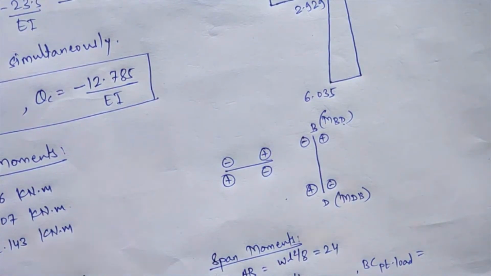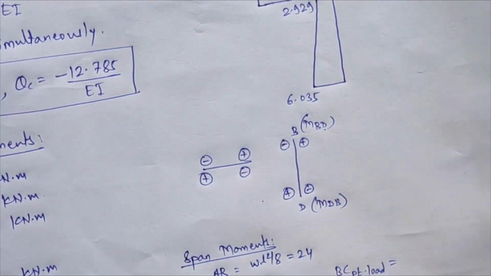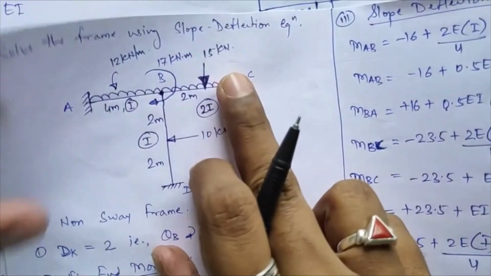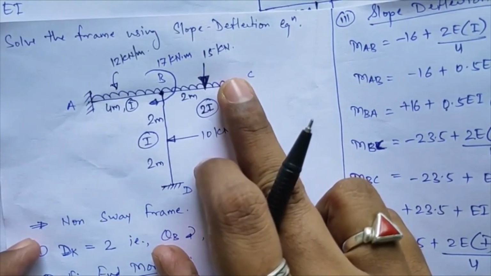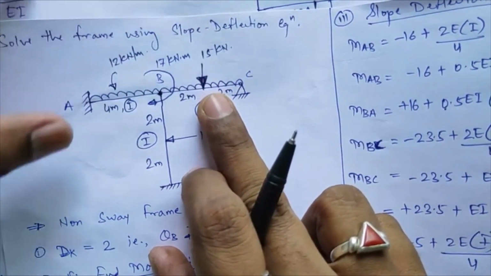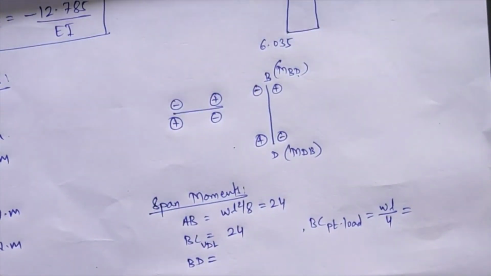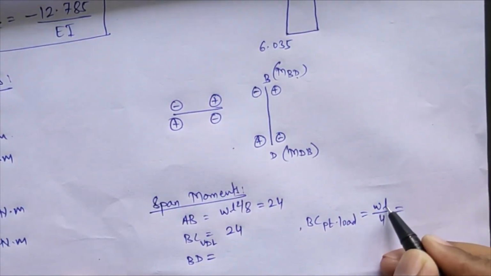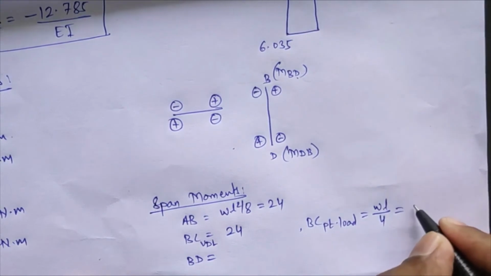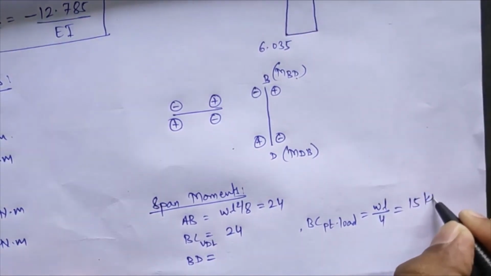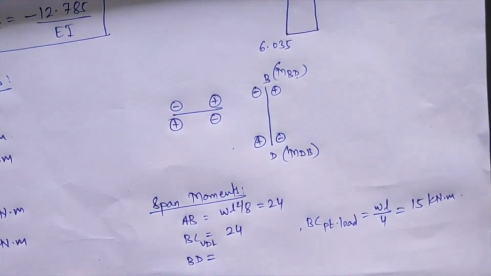Okay, then for point load we'll calculate over there, that is a point load of 15 kN is acting at the center over there. So for point load here this value will come equal to WL divided by 4. Okay, maximum span moment at the center will be WL by 4. So W, that will be 15, length will be 4 divided by 4, 4 will get cancelled, just it will remain as 15 kilonewton meter.